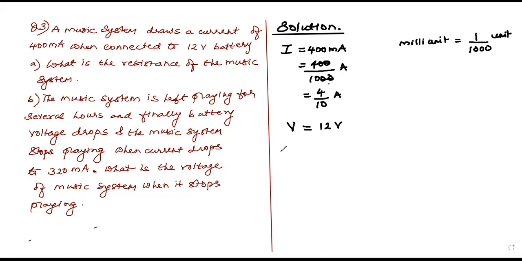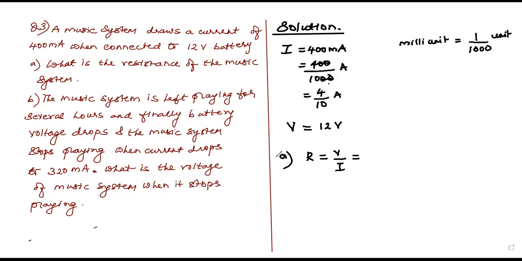Now, what is the resistance of the music system? The word resistance of the music system seems big and scary, but we already know resistance from Ohm's law. What is the formula for resistance? R is V upon I. Ravi, R-A-V-I. R is equal to V upon I. Remember it by the name Ravi.